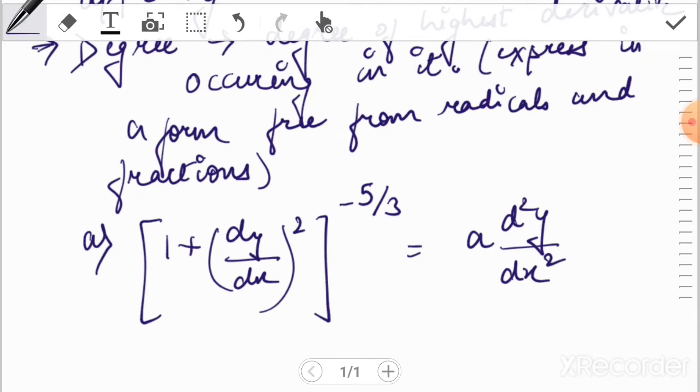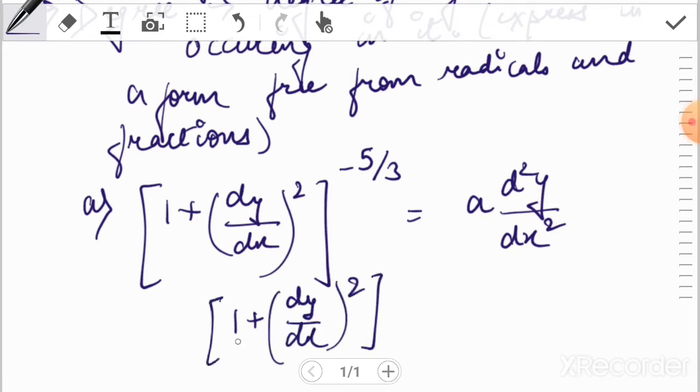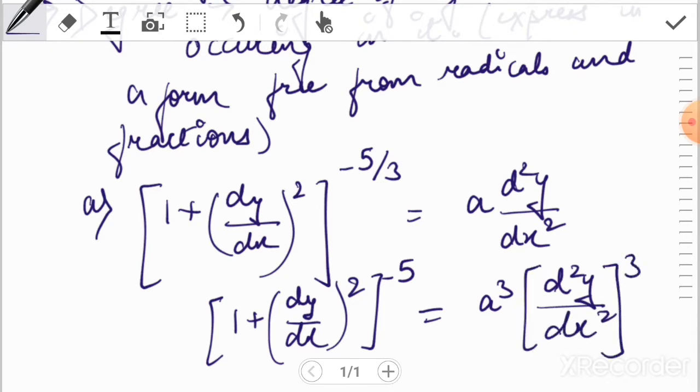So after removing radicals, we can rewrite this as (1 plus (dy by dx) square) whole square raised to the power minus 5 is equal to a cube and (d square y by dx square) whole cube.